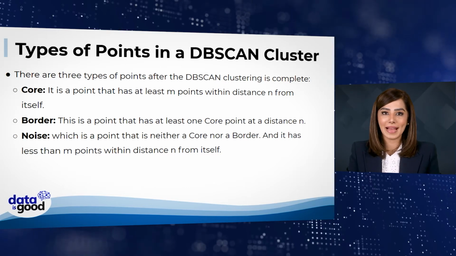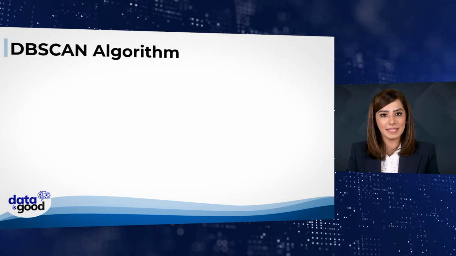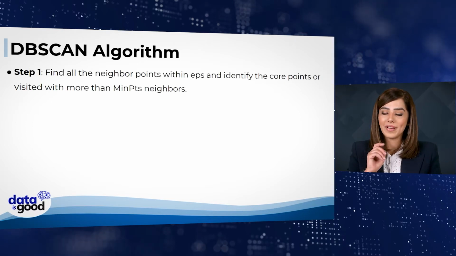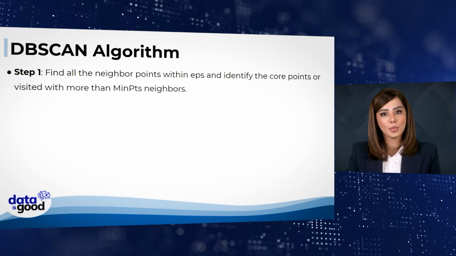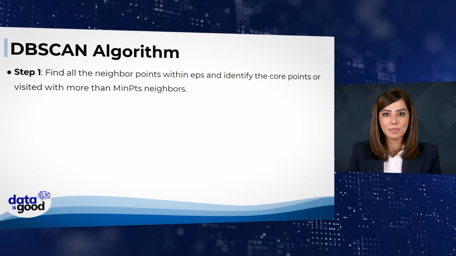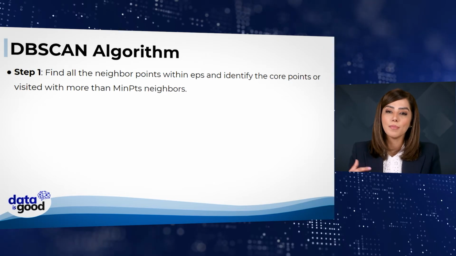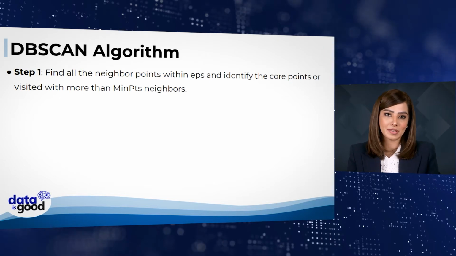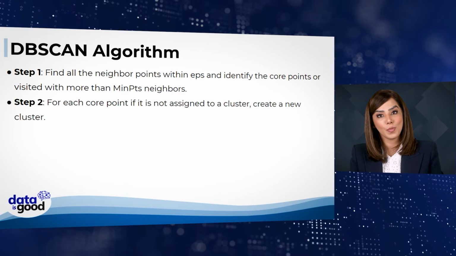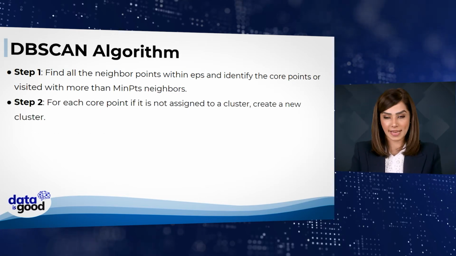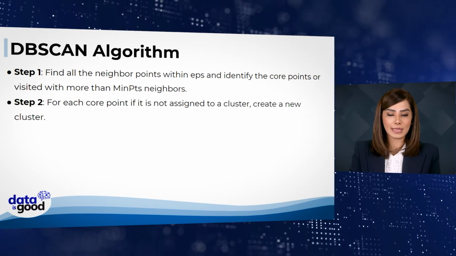Finally, let's take a look at the algorithmic steps for DBSCAN. Step 1. Find all the neighbor points within EPS and identify the core points, those visited with more than min points neighbors. Step 2. For each core point, if it is not already assigned to a cluster, create a new cluster.